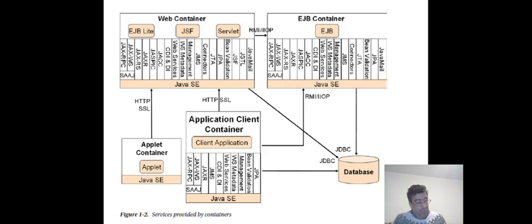Java Interface Definition Language (IDL) allows Java EE application components to invoke external CORBA objects using the IIOP protocol. CORBA objects can be written in many languages such as Ada, C, C++, COBOL, etc., as well as Java.